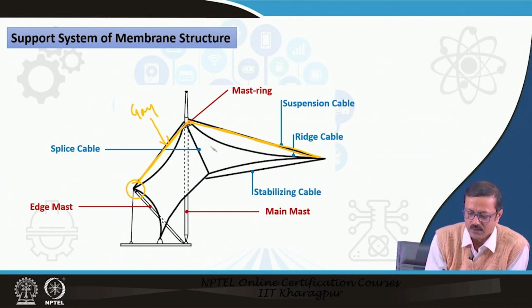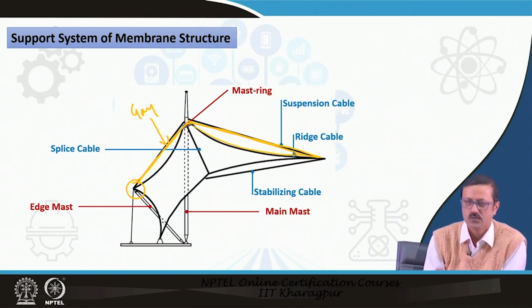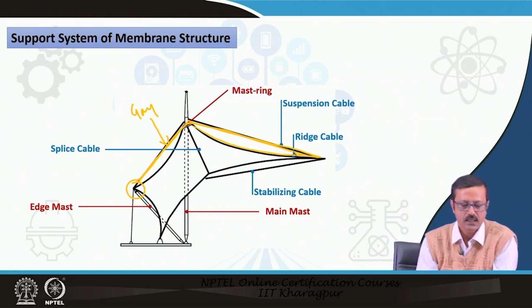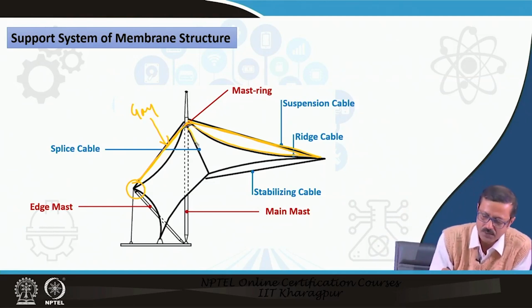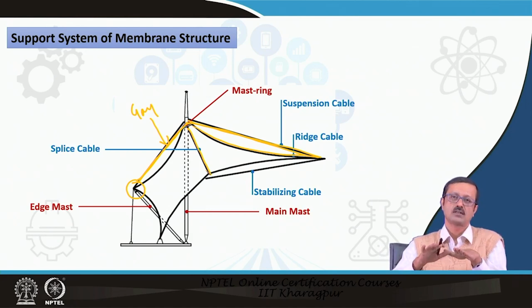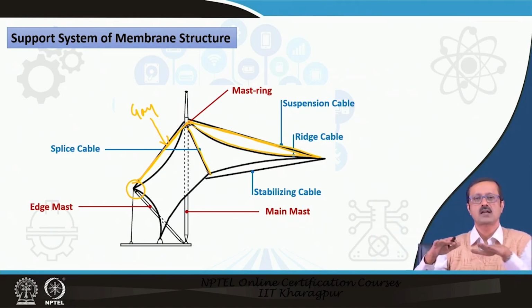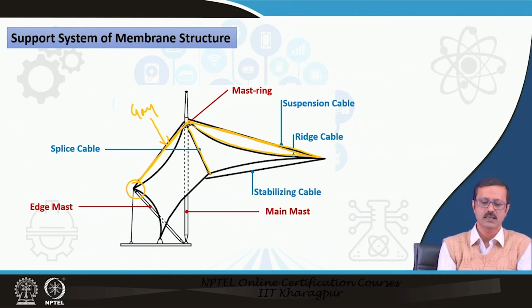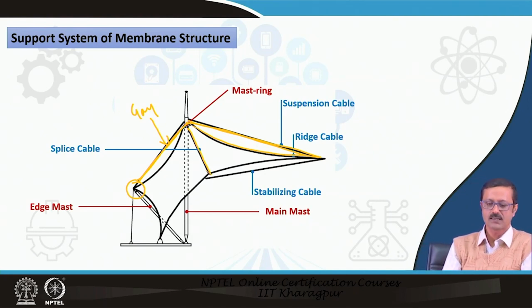There are ridge cables, which give you the effect of a ridge, and there are splice cables, which change the typical slope of one part of the membrane to another part by virtue of wide angle changes. So, you need this kind of splice.